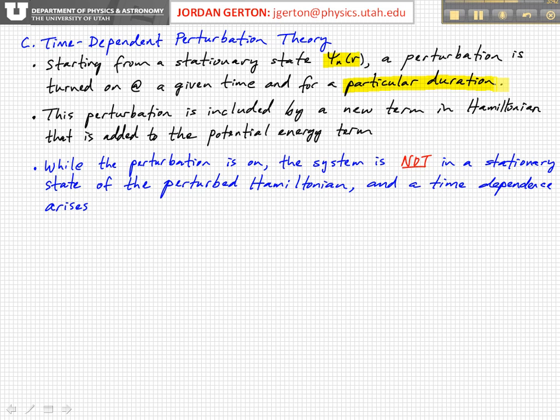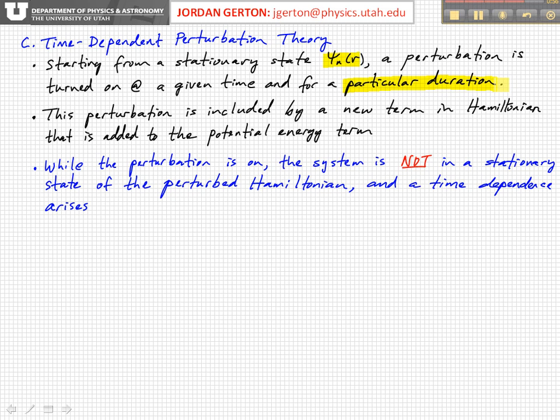And so what we have to realize is that if we start with a system which is in an eigenstate of the unperturbed Hamiltonian, and then we change the Hamiltonian at some particular time, the system, at least transiently, is not in a stationary state.